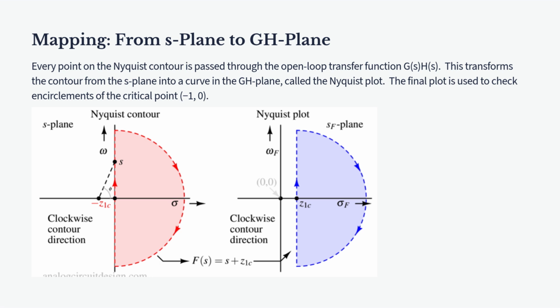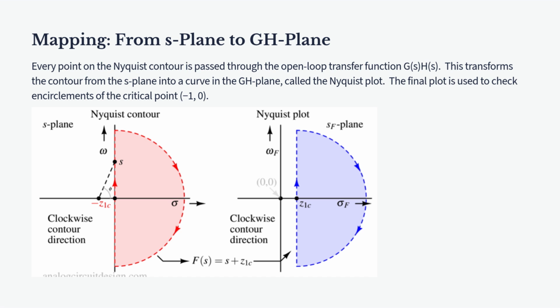Now let's understand mapping. The Nyquist contour is drawn in the S plane, but the Nyquist plot is drawn in the GH plane. To get the Nyquist plot, we take every point on the contour and substitute it into G(s)H(s). So the transfer function changes the contour into a new curve. That new curve is called the Nyquist plot.